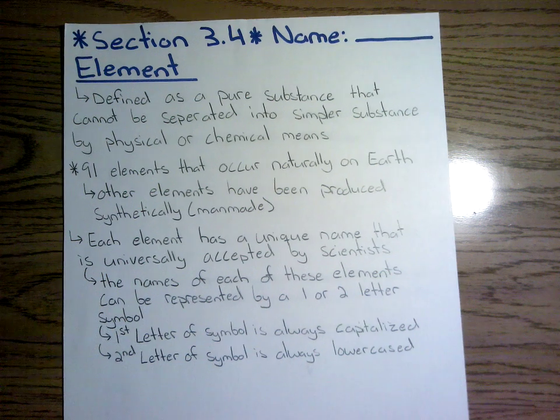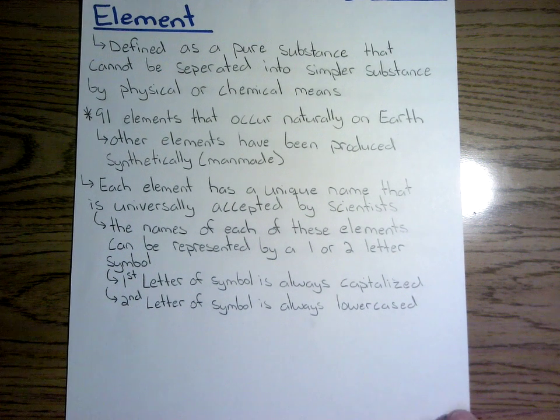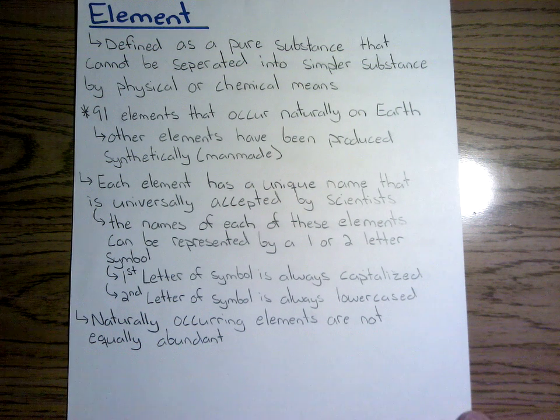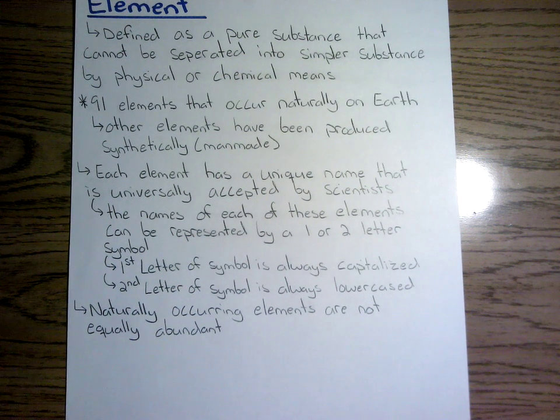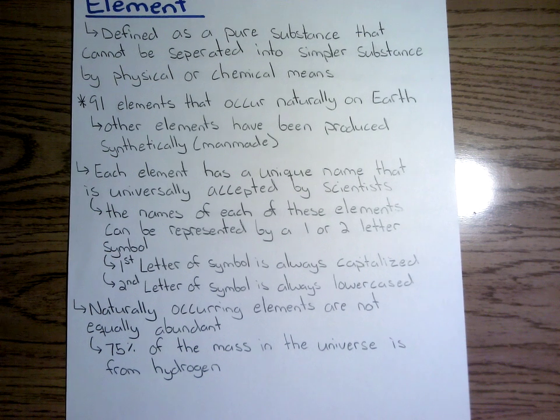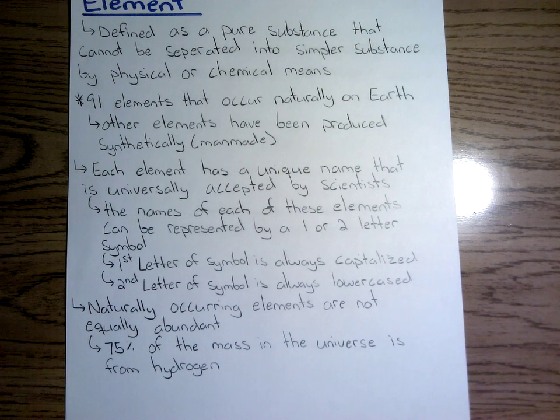Another thing unique about the periodic table of elements is that naturally occurring elements are not equally abundant. For example, about 75% of the mass of the entire universe is from one element, and that is hydrogen. And here on Earth, the mass of Earth's crust is composed of about 75% of a mixture of oxygen and silicon.